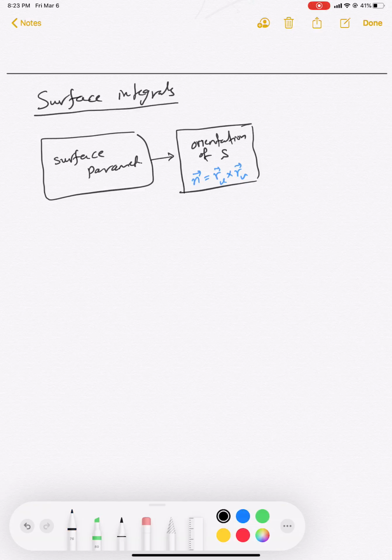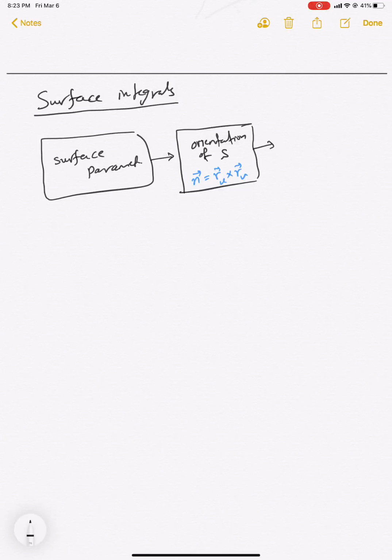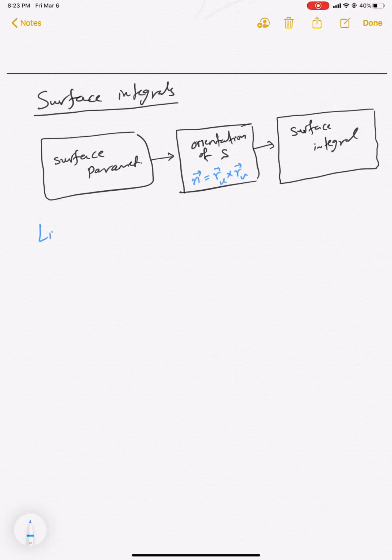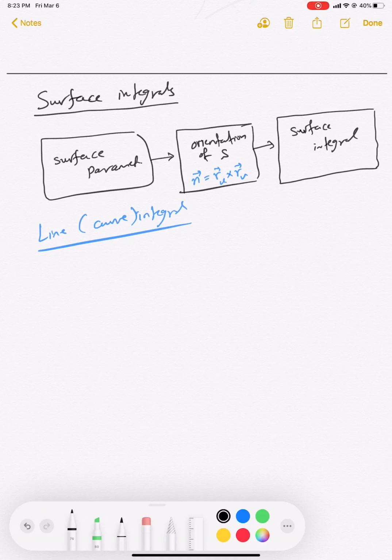At this stage, we are ready to define what we mean by a surface integral. Before starting surface integrals, let me remind you of the line or curve integral, just as a reminder to make some connections.